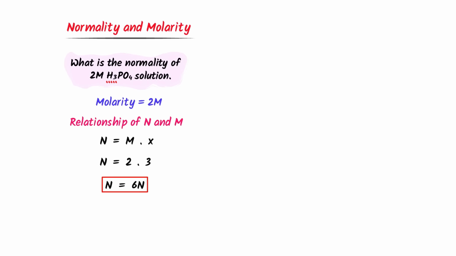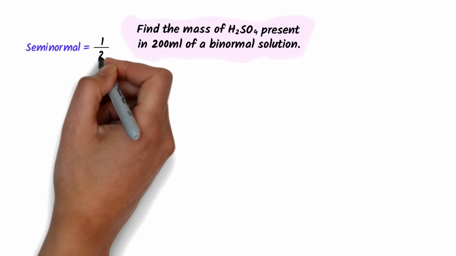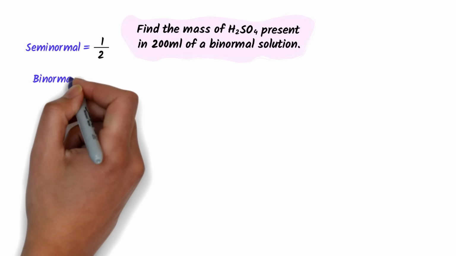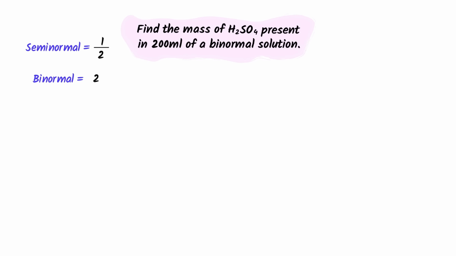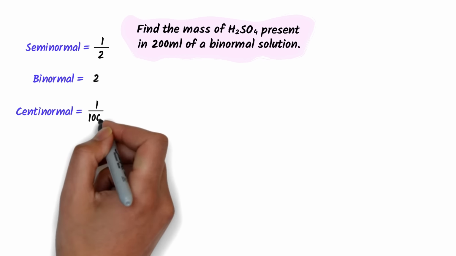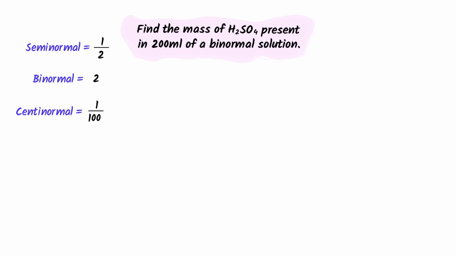Finally, let me teach you one advanced numerical. Calculate the mass of H2SO4 present in 200 ml of a binormal solution. Remember that semi-normal solution means 1 upon 2, binormal solution means 2, centinormal solution means 1 upon 100, etc. In such type of numericals, normality is already given.